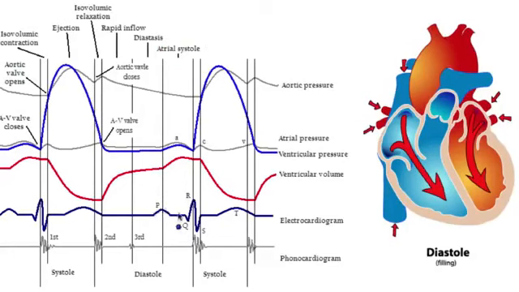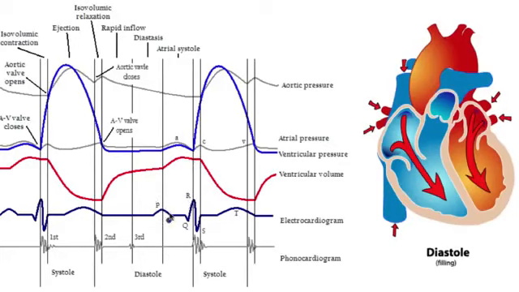And then after the P wave, we then get the QRS complex. Once again, we've covered this in a previous episode. I think it's episode 48, where we talk about the EKG. The QRS complex represents the depolarization of the ventricles. And of course, once the ventricles depolarize, that's going to cause the ventricles to start to contract.